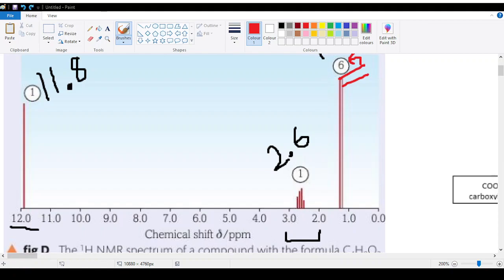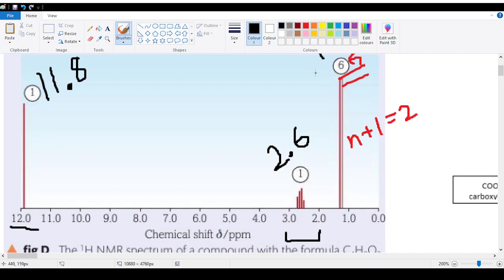Is it a singlet or doublet or triplet or quartet, or what does it actually look like? This looks like a doublet, right? Two lines, so it's a doublet. That means n plus 1 must be 2, yes?